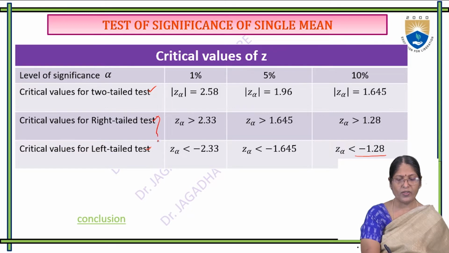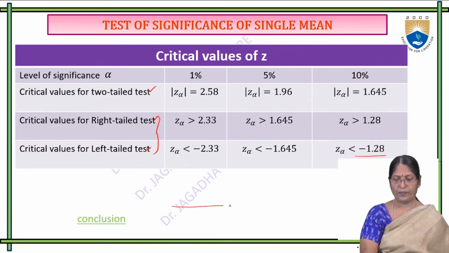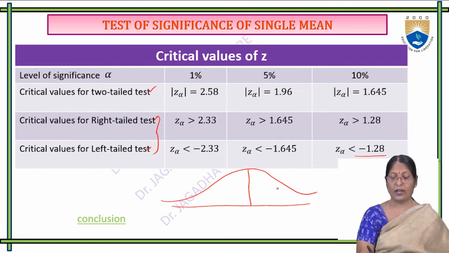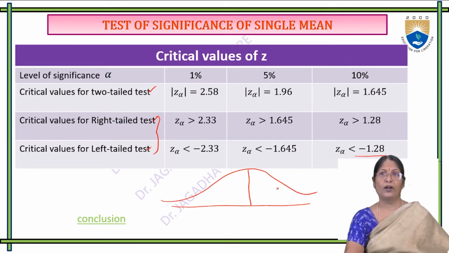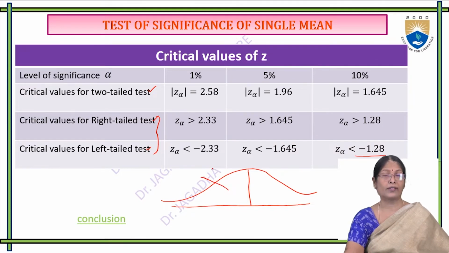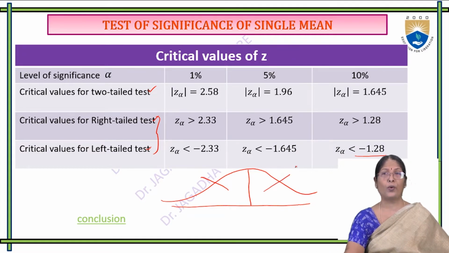This right tail and left tail, both we can call one-tailed test also, because this is a symmetrical line which divides the normal curve equally. This section has 0.5 area and this section has 0.5 area.